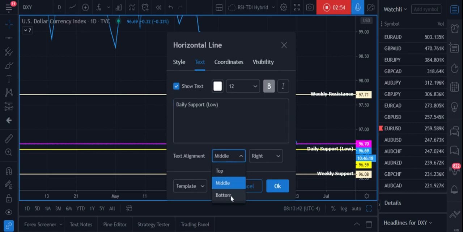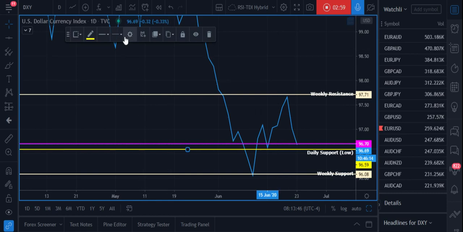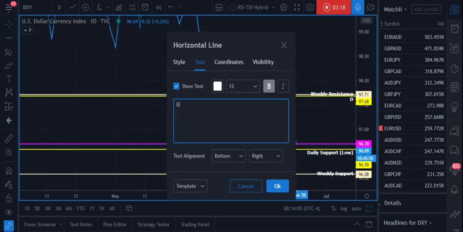And I'm going to move this below so we can see it. Okay, and then here's price. Most recent is right here. It's right here where weekly was. I'm going to put a line there because I don't know where the wicks are and what they're going to do once I turn it back to a candle chart. And I'm going to say daily resistance.